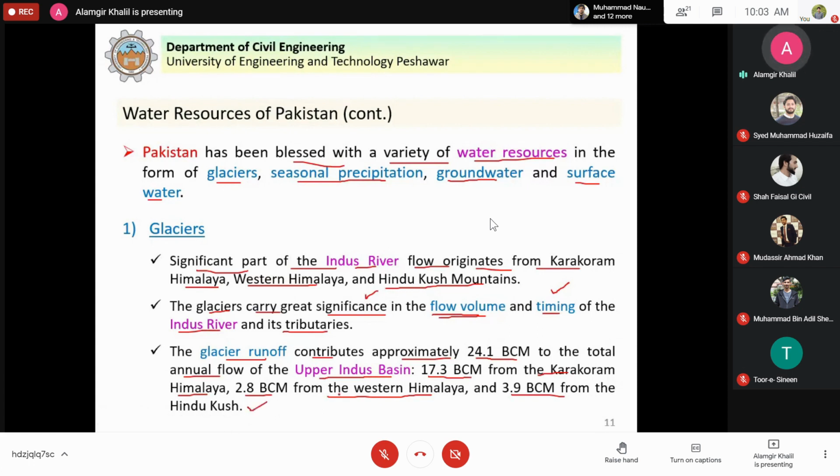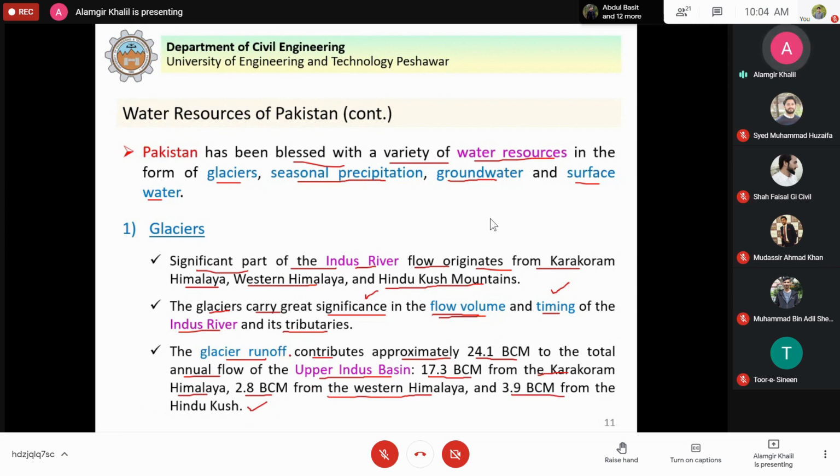These are the different mountain ranges we have in the north of Pakistan. And actually these mountain ranges continue in north of Pakistan, touching the China border, and in India and Nepal.